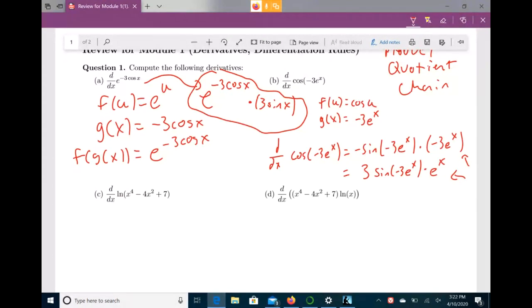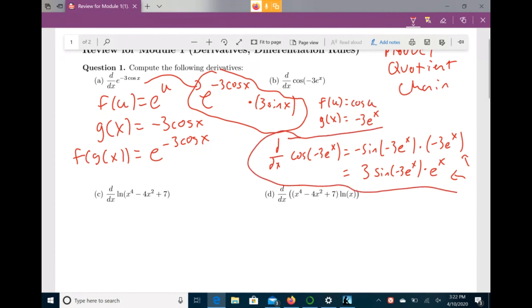So let's look at C. All right. What rule would you use for that? Good, the chain rule. So for part one, you would basically compute the derivative, and you wouldn't necessarily need to write too much.